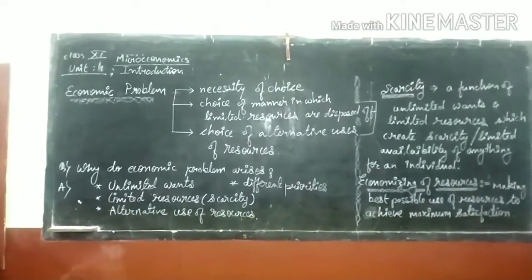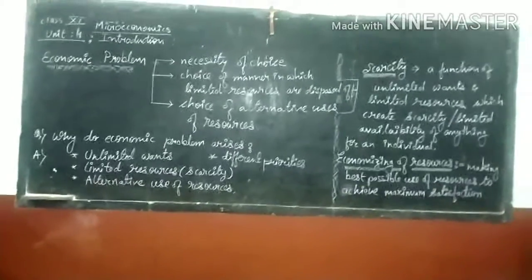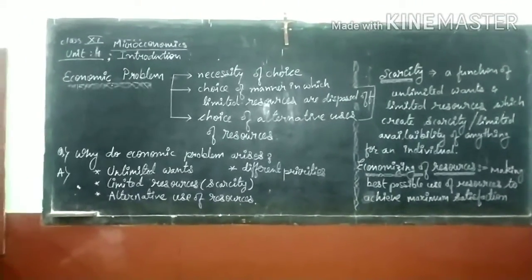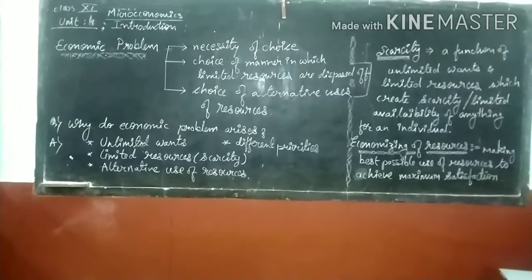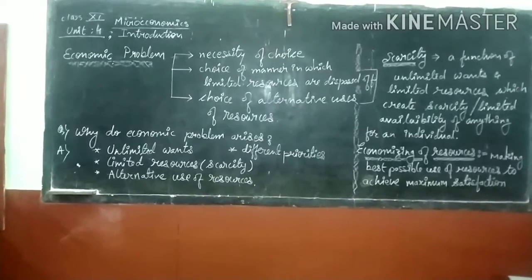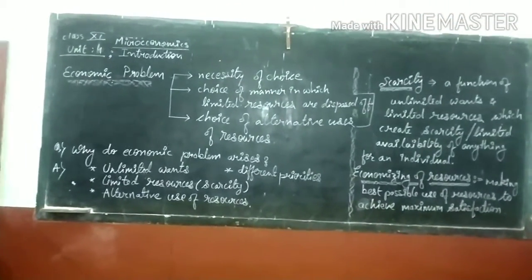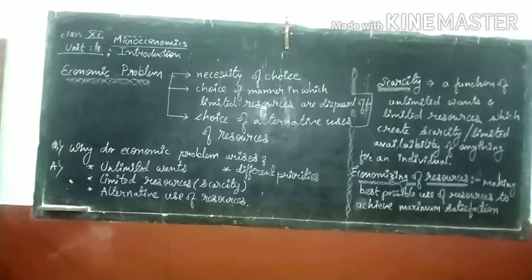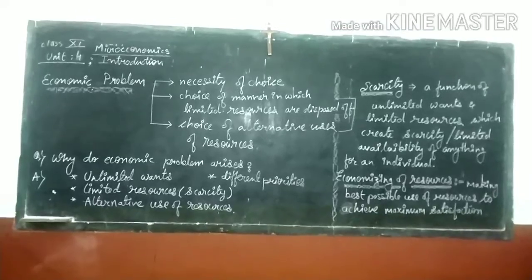Once again I am repeating the definition: economic problem is essentially a problem arising from the necessity of choice of the manner in which limited resources with alternative use are disposed of. And it is the problem of husbandry of resources.